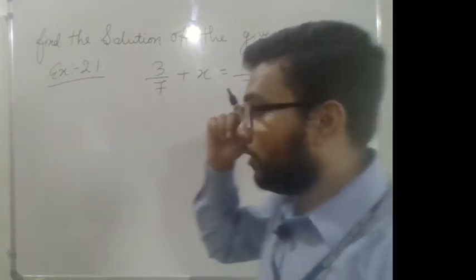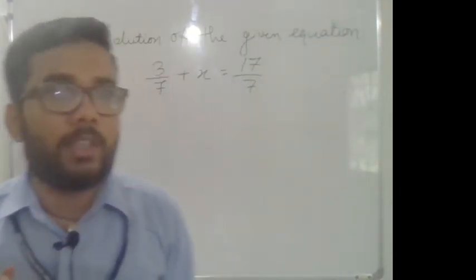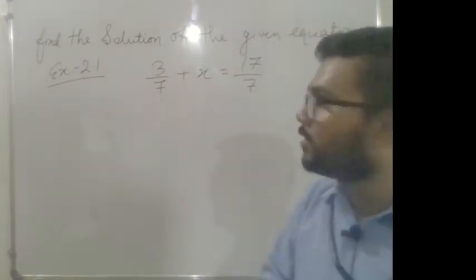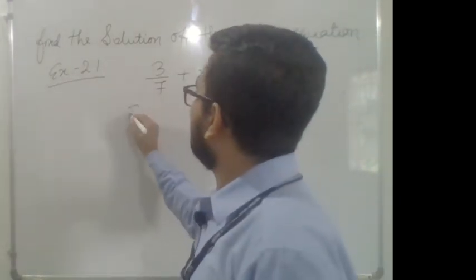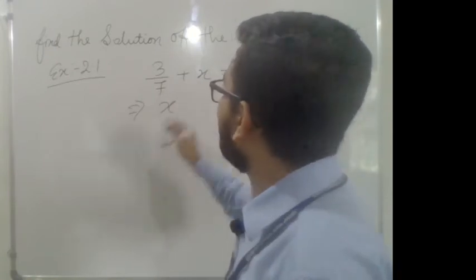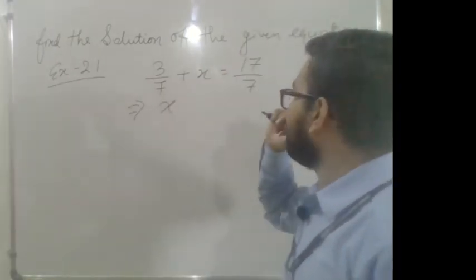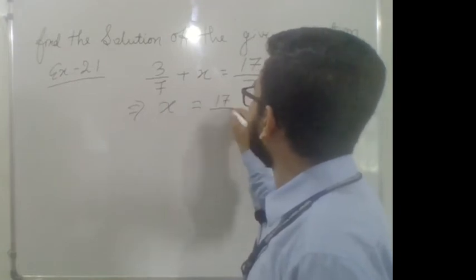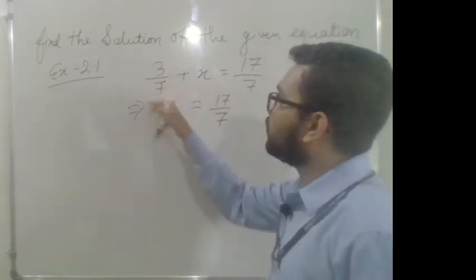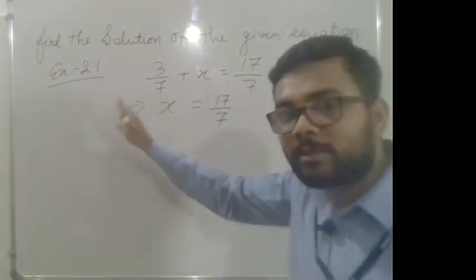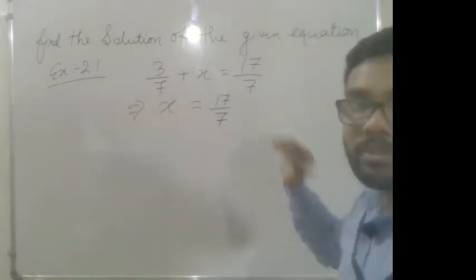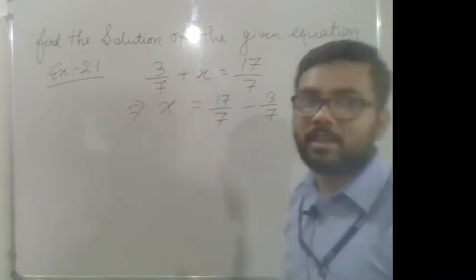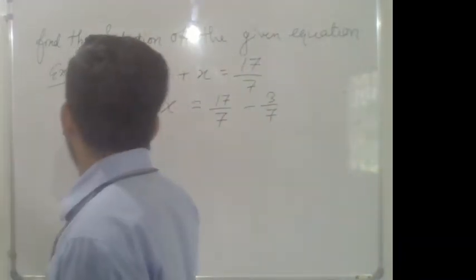So to find the solution of this linear equation, you have to transpose the variable and constant terms to either side. Here x is in positive sign, it will remain positive. This 3/7 is on the left side. Now transpose it into the right side with the constant; the sign of this 3/7 changes.